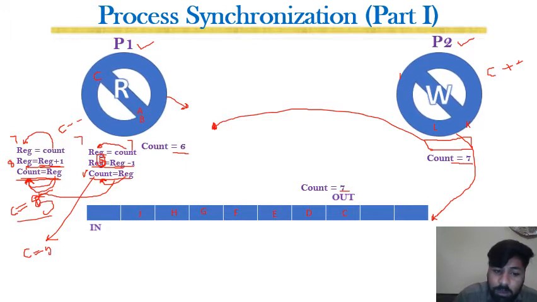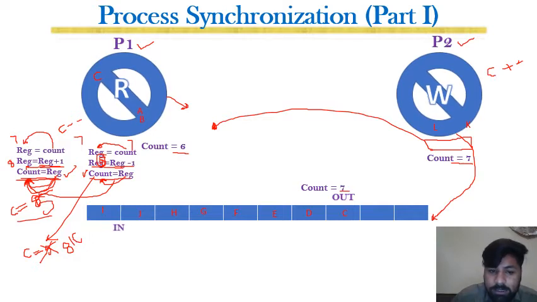So count is equal to 5, but soon after that this statement is executed and it assigns 8 to the counter. It means that the previous 5 will be erased and 8 will be overwritten on count, and now the final value will be 8, and that is also incorrect, because the correct value was 7.